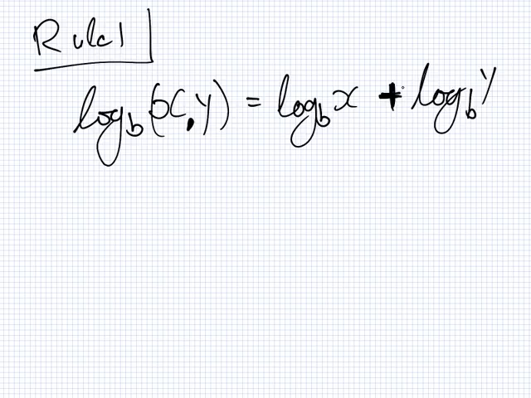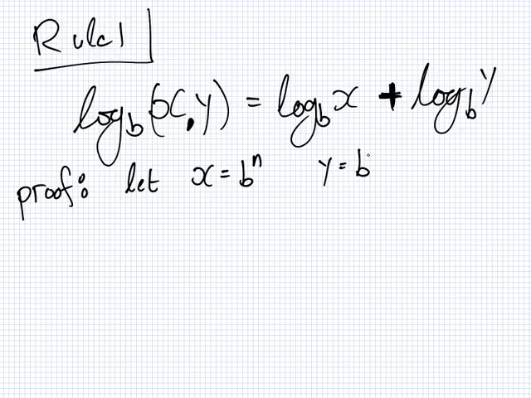The proof. So the way we prove it is we say let x equal b to some power and y equal b to some power as well. So then that means you have log base b of b^n times b^m.